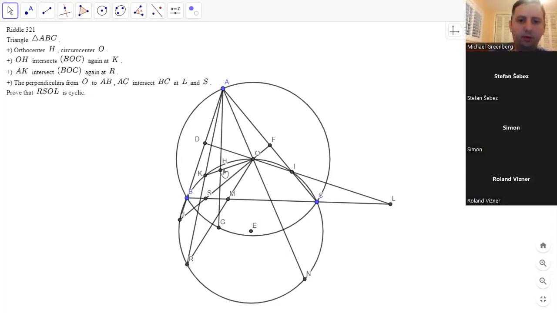Yeah, I don't think it's enough that O and H are isogonal conjugates. I think one has to be the circumcenter, because otherwise we couldn't do all that inversion stuff, otherwise I wouldn't lie on the circle.